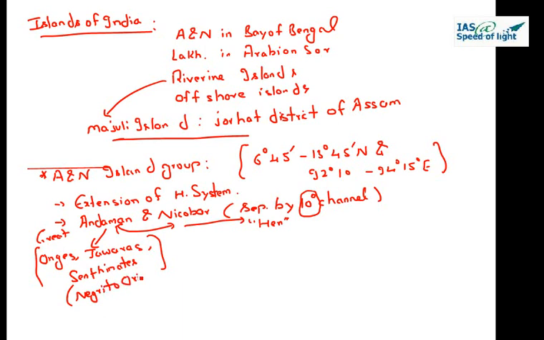This also will cover the origin of tribes and other things. Okay, so these are some of the tribes of the Andaman Islands, while for the Nicobar, it is Nicobarese and Shompen, which are of Mongoloid origin. They are found in the Nicobar.